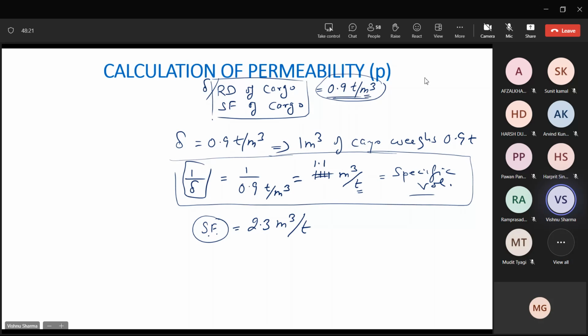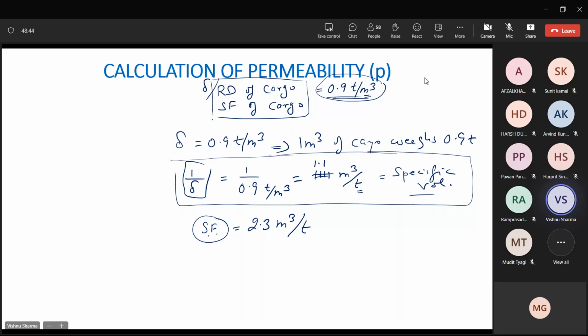Now you will say, sir, how does something which was occupying 1.1 cubic meter for 1 ton suddenly become 2.3? It does not physically occupy 2.3, but some space is lost because of the shape of the cargo versus the shape of the compartment.